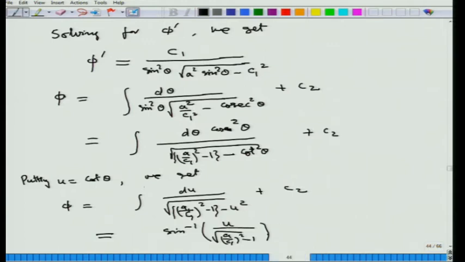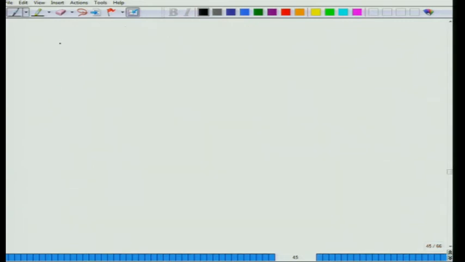So, then substituting back we get the following. So, phi will be then sin inverse of u over square root of (a by C1) square minus 1, plus C2.